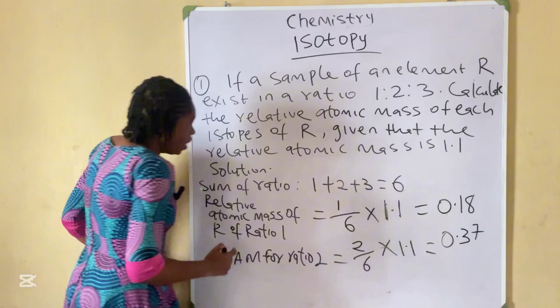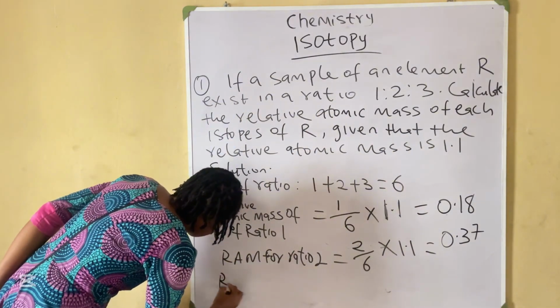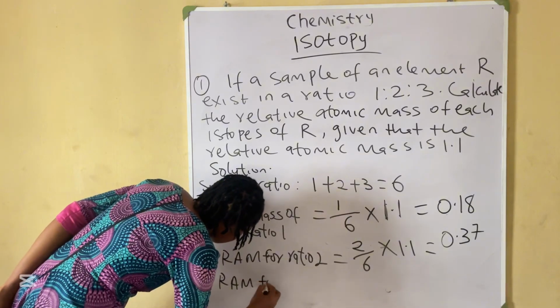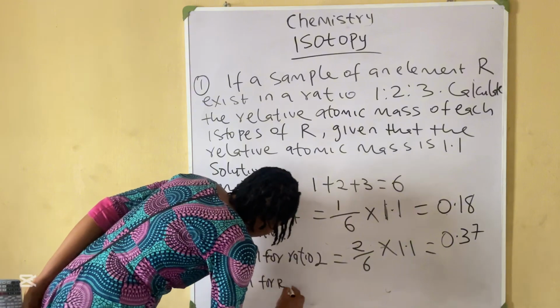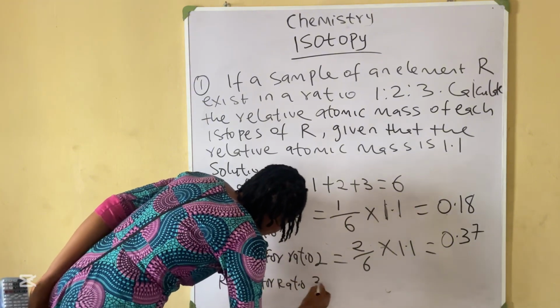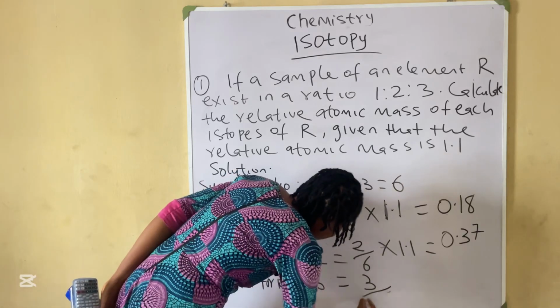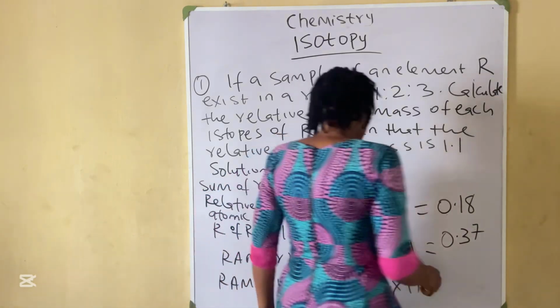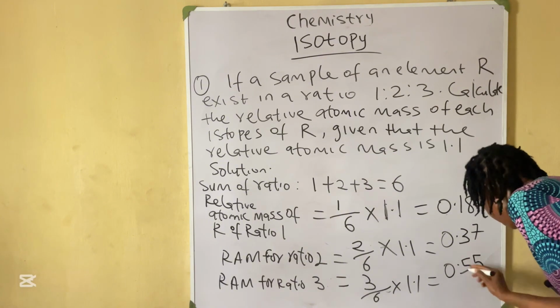We do the same for the other one, the one with ratio 3. The relative atomic mass for ratio 3 will be 3 divided by 6 times 1.1, which is 0.55.